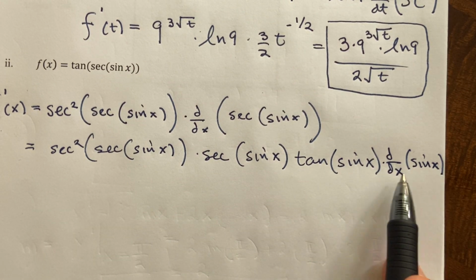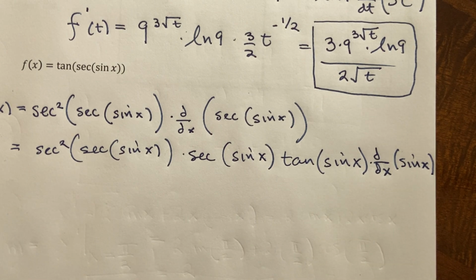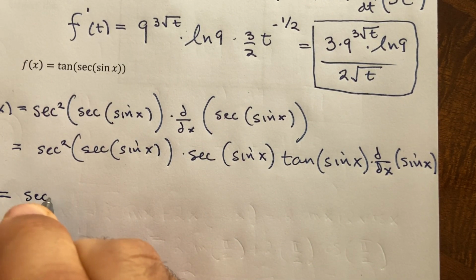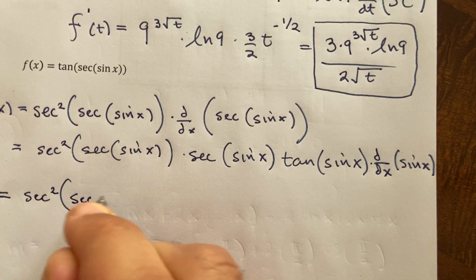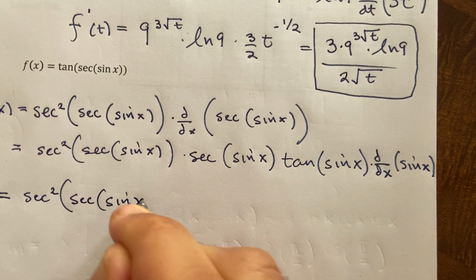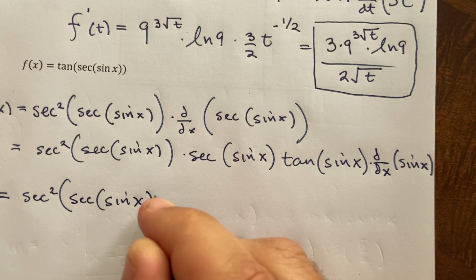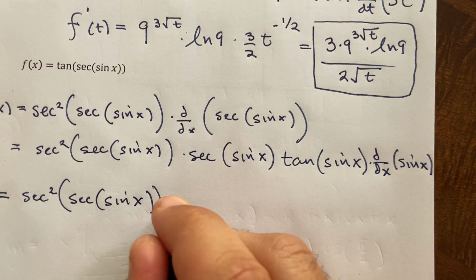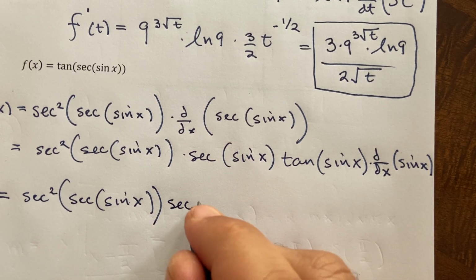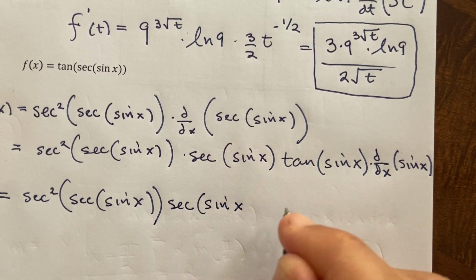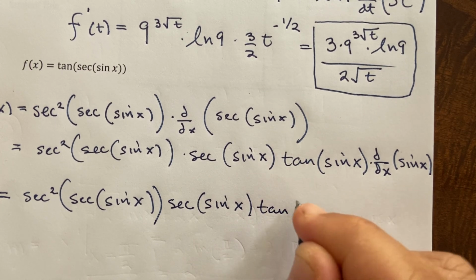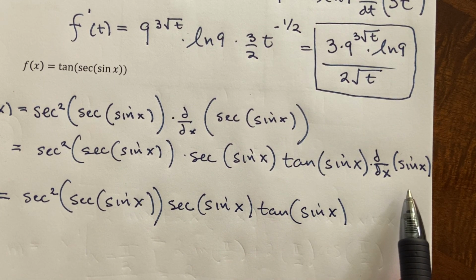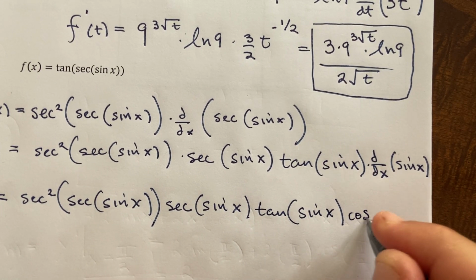So I still need to do that last derivative. So this would equal secant squared of secant of sine of x times secant of sine of x tangent of sine of x, and then finally the derivative of sine is cosine.